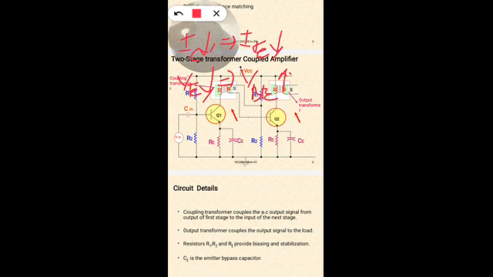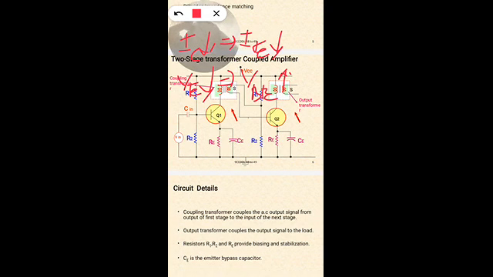Because the sum of VE plus VBE is equal to a constant, VBB. So when there is a decrease in the collector current, there is a decrease in the emitter current, so the emitter voltage also decreases. When emitter voltage decreases by some value, there is an increase in the VBE by the same value.